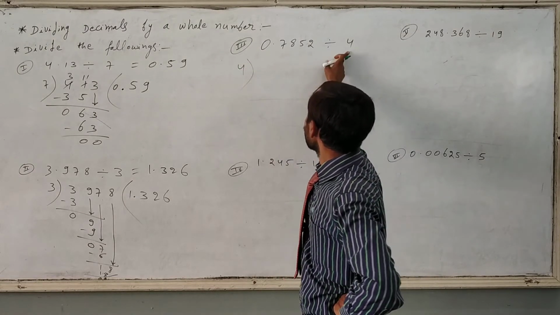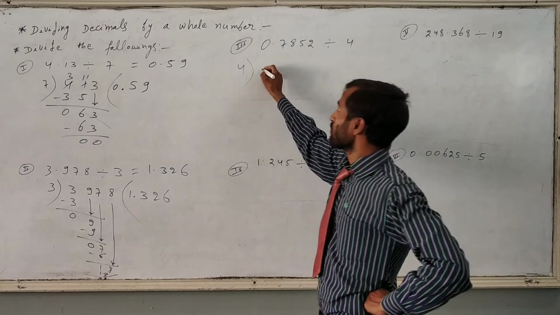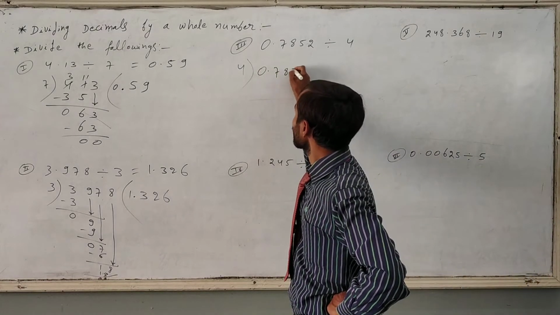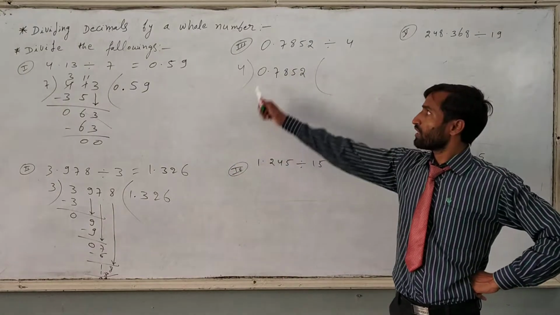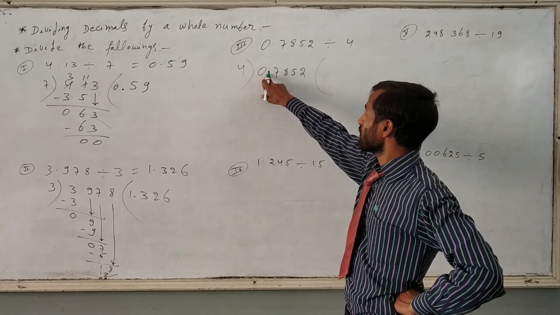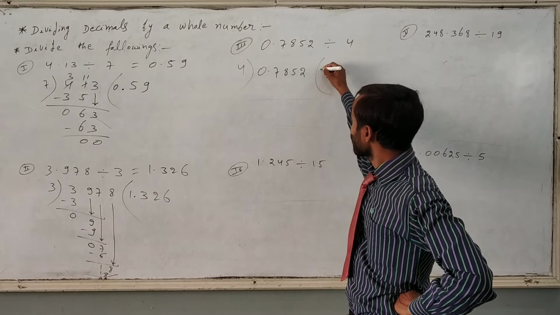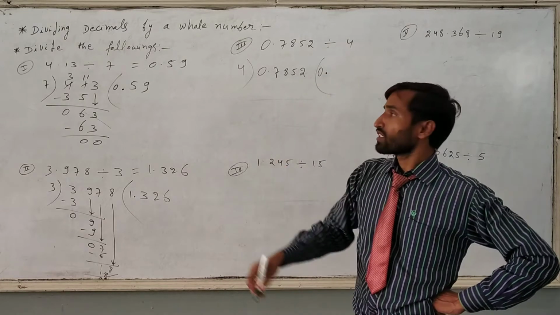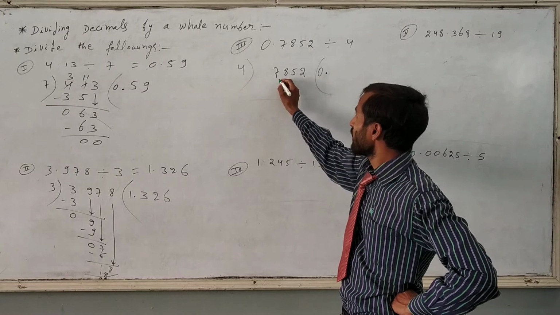The divisor is 4 and the dividend is 0.7852. Now we have to divide. 0 is less than 4, so it is not divisible. Remove this point and put the point in the quotient, and before that write down the 0.